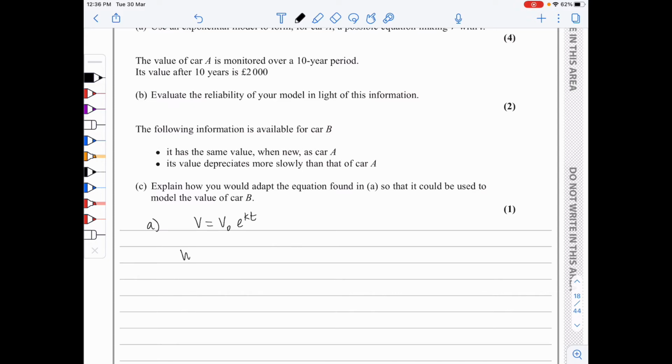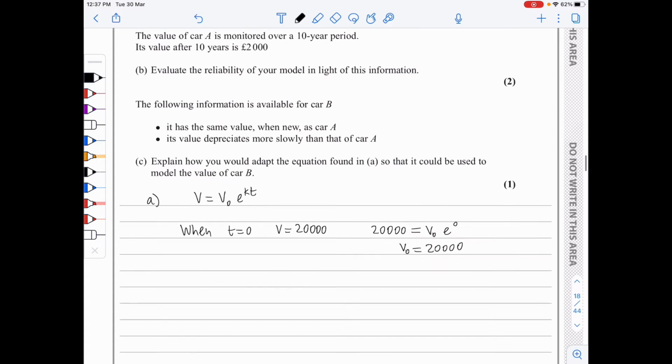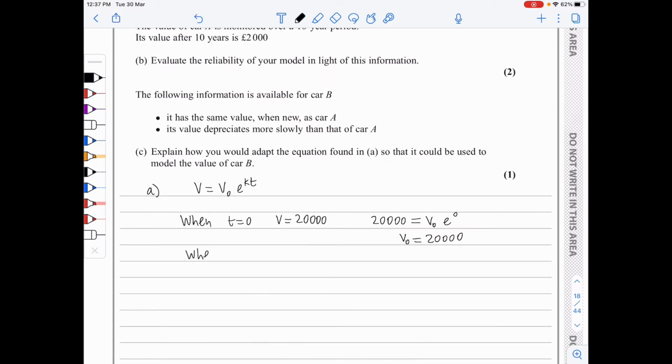Now we know that when t is 0, v is 20,000. So if we just substitute this here, we get that v naught is 20,000. It's actually the initial value. That's why we call it v naught. And we also know that when t is 1, v is 16,000. So if I substitute here, 16,000 for v, and v naught has already been found to be 20,000, e to the k because t is 1.